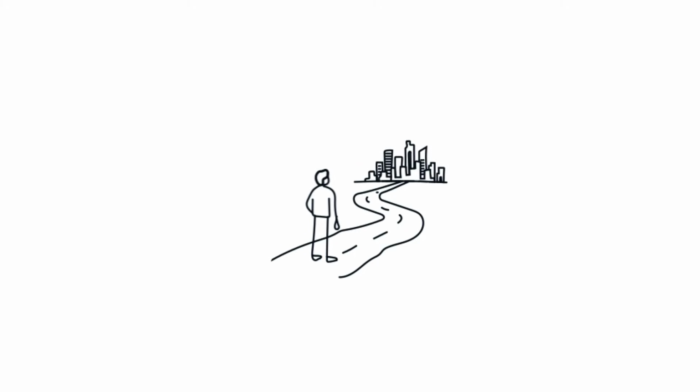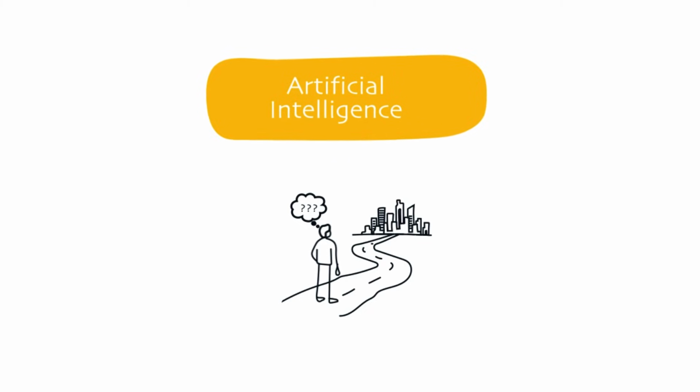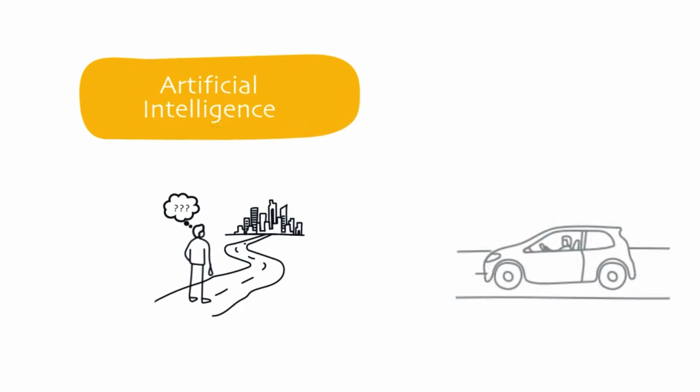At that point, it's just a goal, an ambition that you have. You don't yet know how you will achieve it. In the same way, artificial intelligence began as the idea of building machines that could think and act intelligently. Early on, researchers didn't know exactly how that intelligence could be implemented in machines.